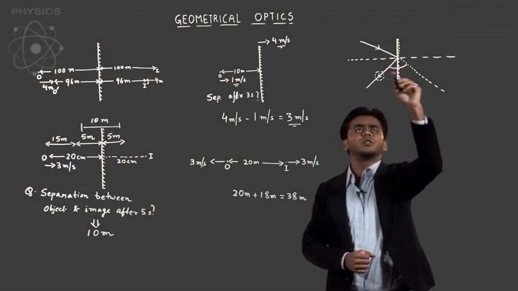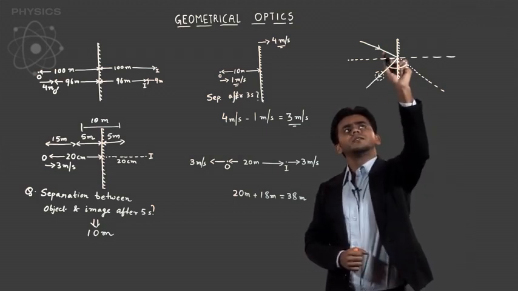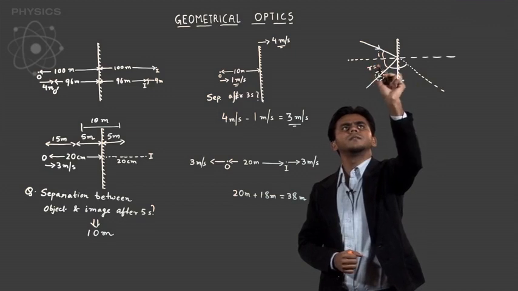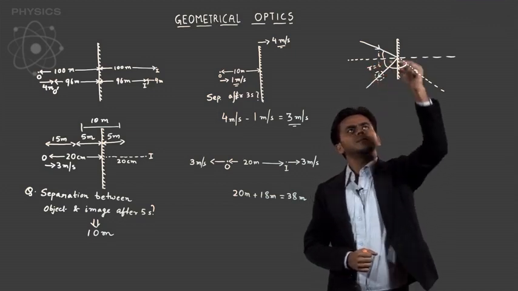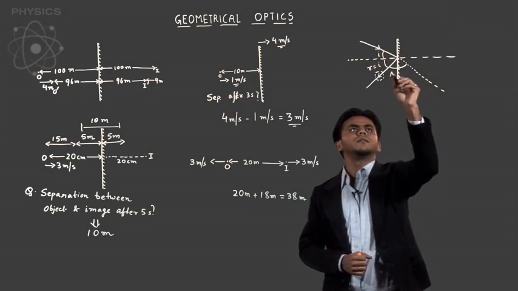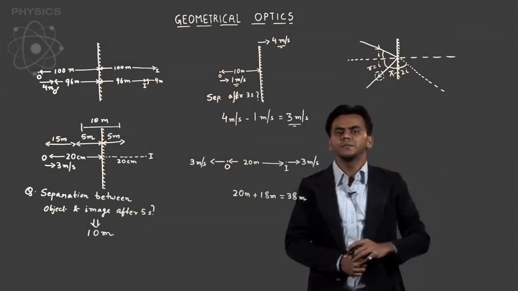And what would be the value of deviation? If this angle is your I, even this would be I, R is equal to I. So this, by the logic of linear pair, would be simply pi minus 2I.